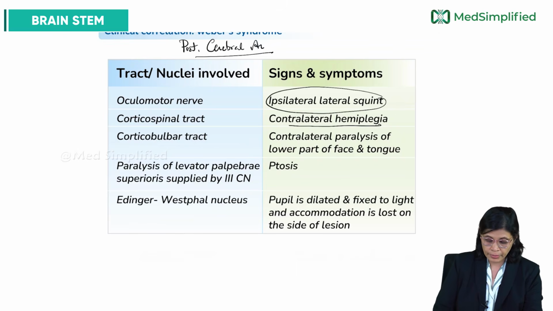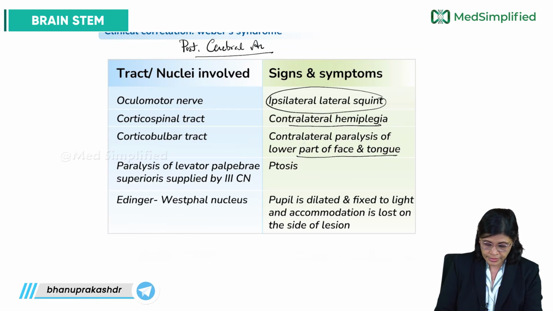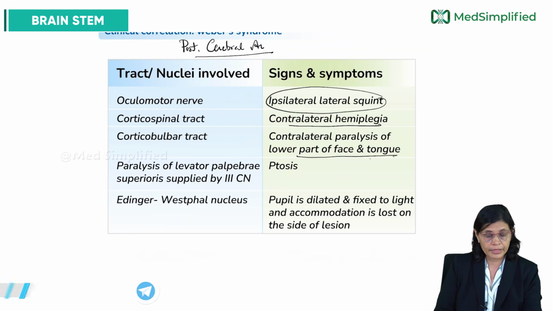Corticobulbar involvement causes contralateral paralysis of the lower part of the face and tongue, and paralysis of levator palpebrae, because that is also supplied by the oculomotor.